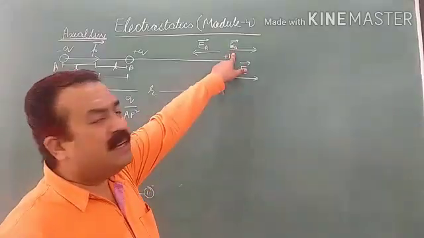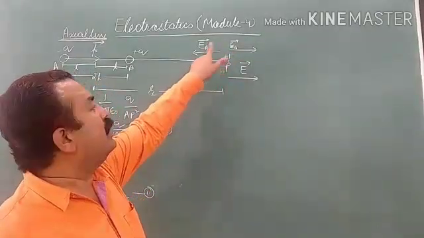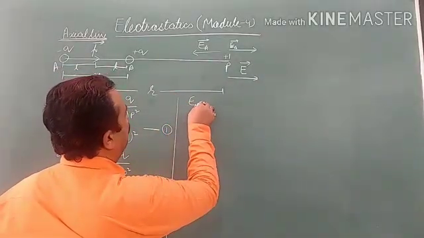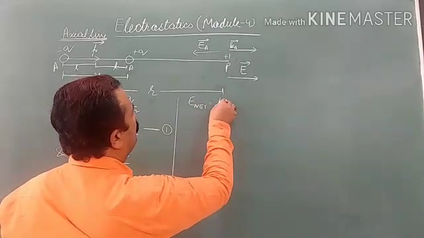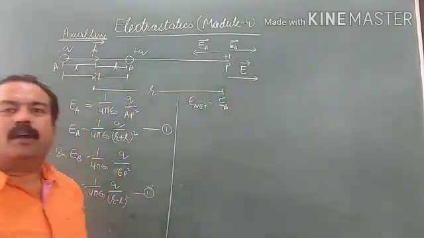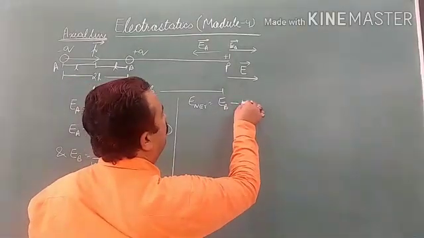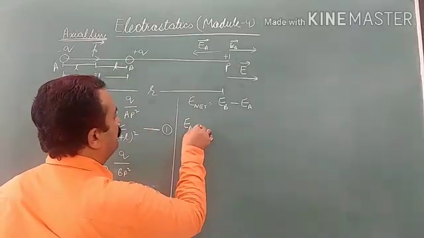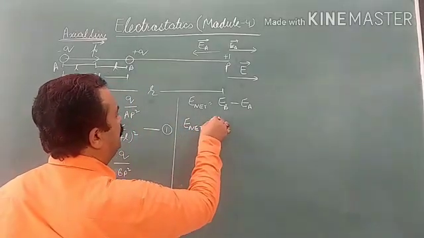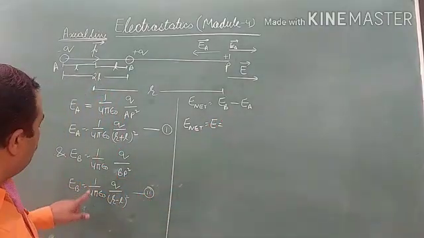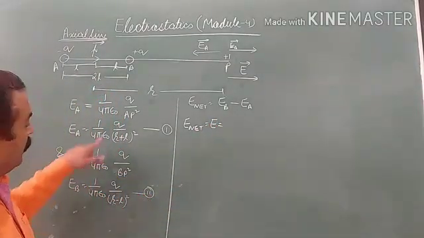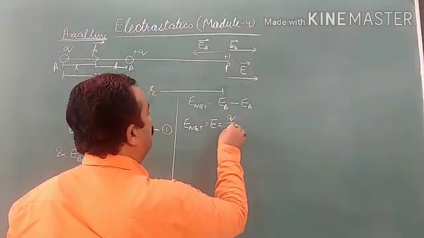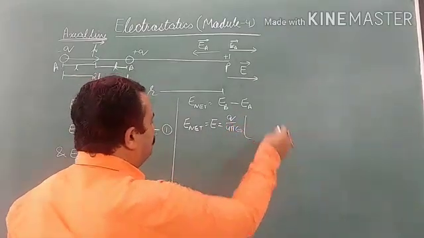We subtract the electric field of A from B. So here E net we can find equals the magnitude of electric field at point B minus electric field due to A. So we can write E net, or simply E, equals 1 upon 4 pi epsilon naught; Q is also common, so Q upon 4 pi epsilon naught.